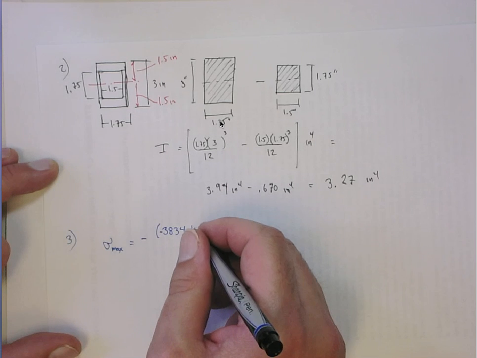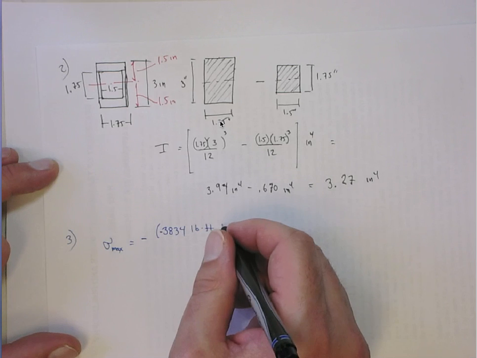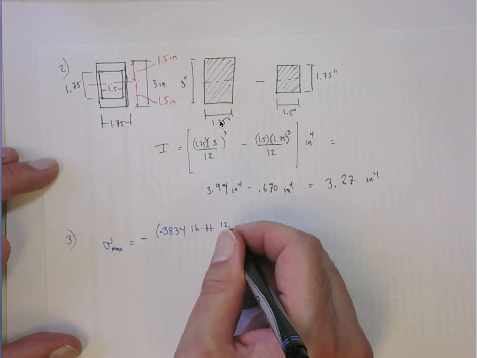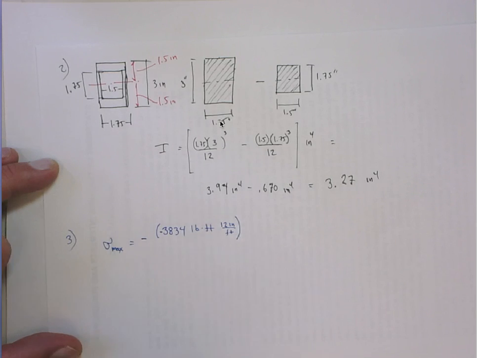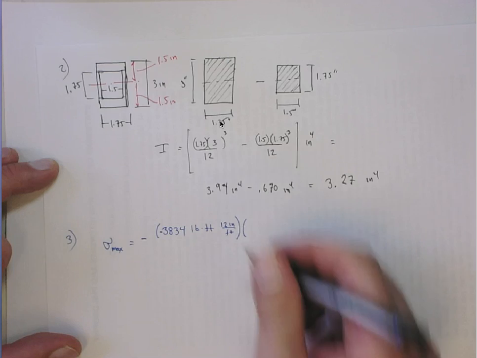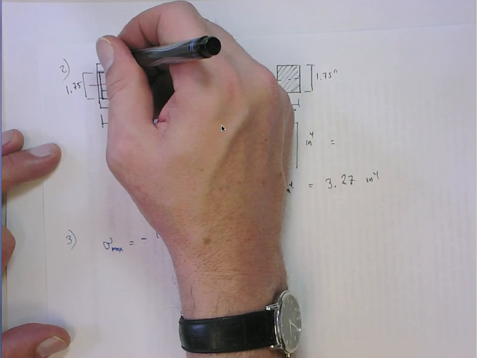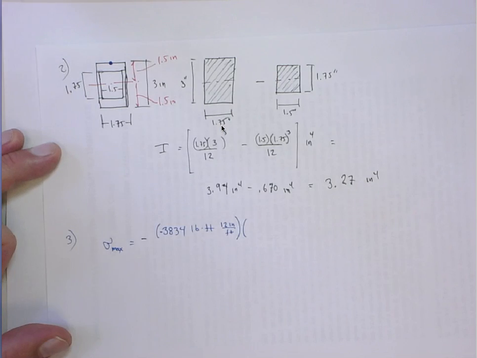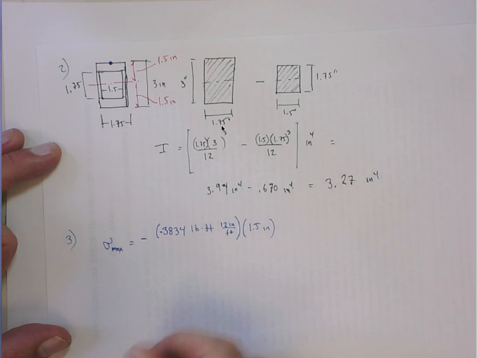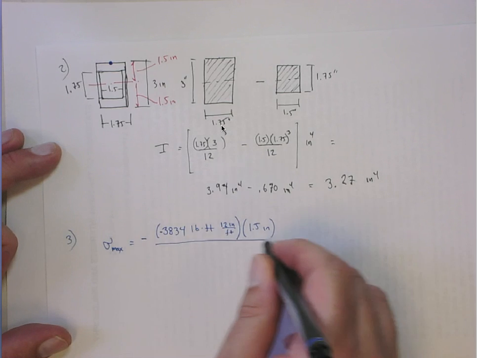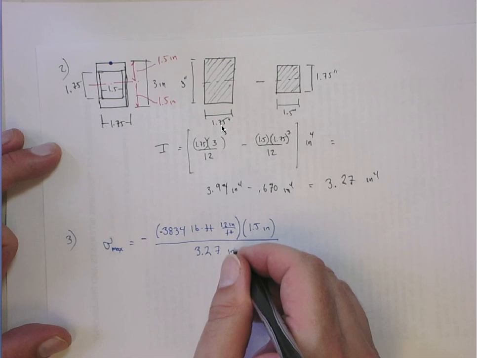Now this is pound feet, so I have to multiply that by 12 inches in a foot. For c, it doesn't really matter. Let's look at it at this section, so it's the positive c, so that's 1.5 inches. And then the I is 3.27 inches to the fourth.